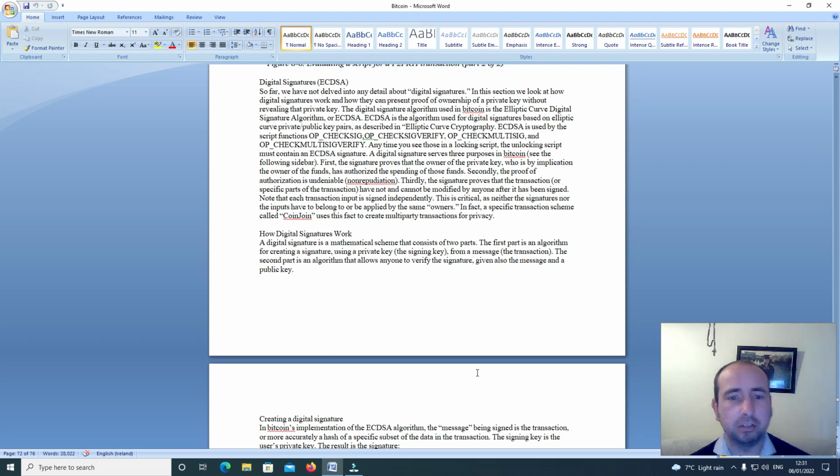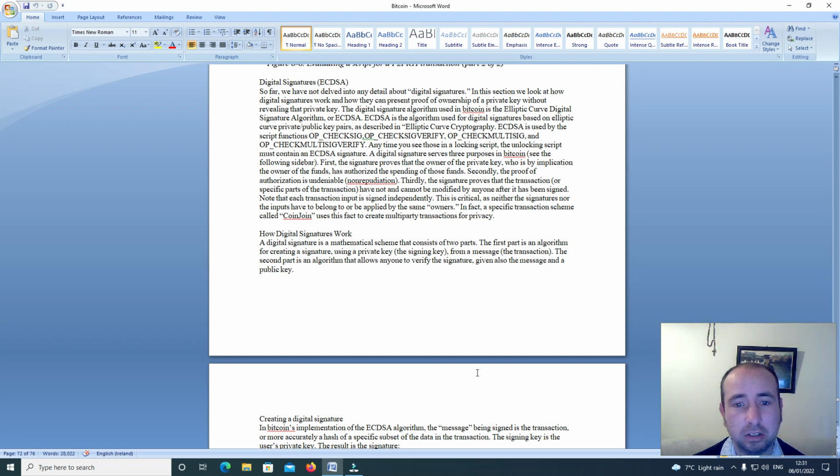Digital signatures, ECDSA. So far we have not delved into any detail about digital signatures. In this section we look at how digital signatures work and how they can present proof of ownership of a private key without revealing the private key.